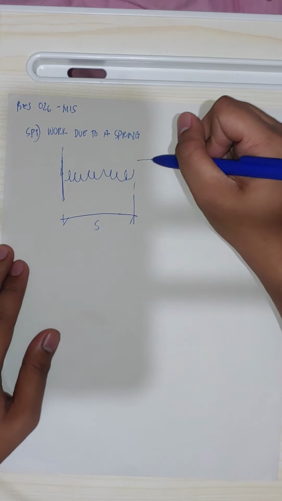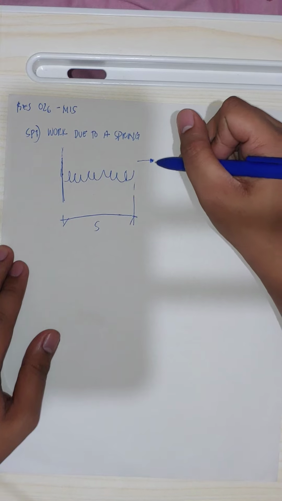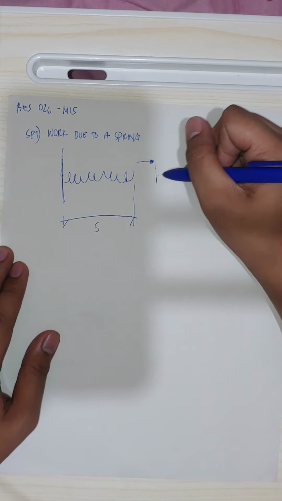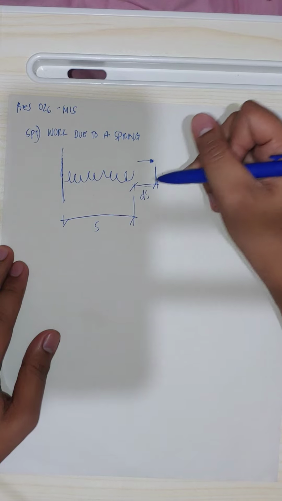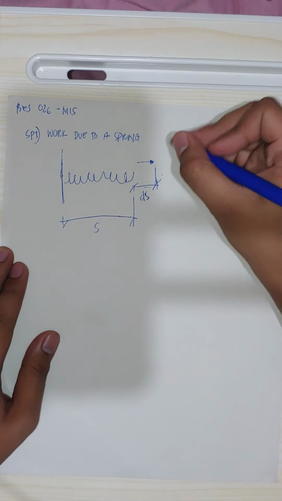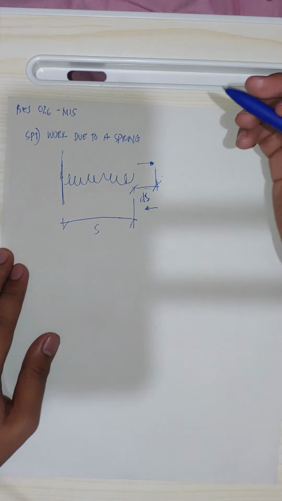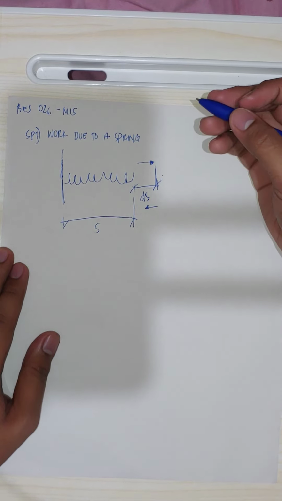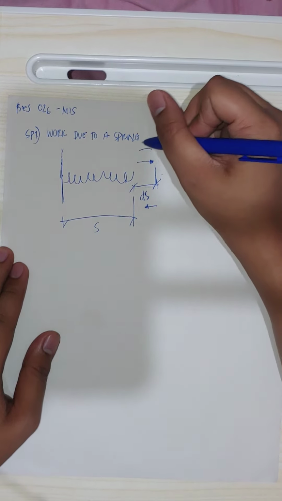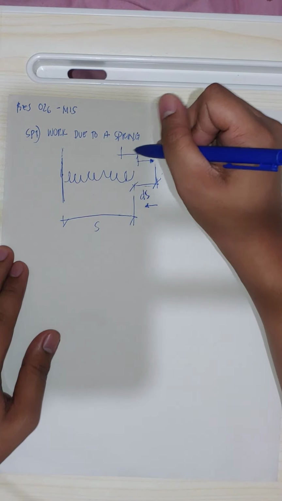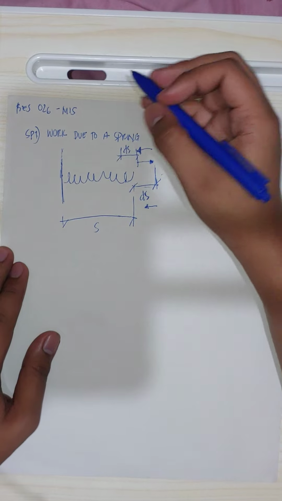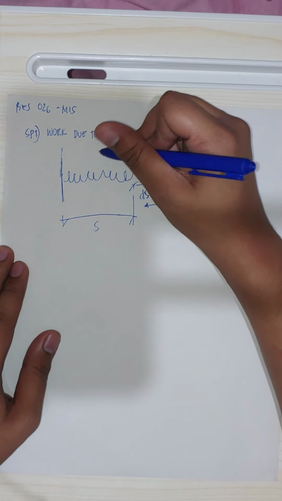When you stretch it this way, we have a displacement here, ds. The force is always opposite, pulling it back this way. When you push it on that side, there is also a displacement here, ds, and its force again pushes back out.